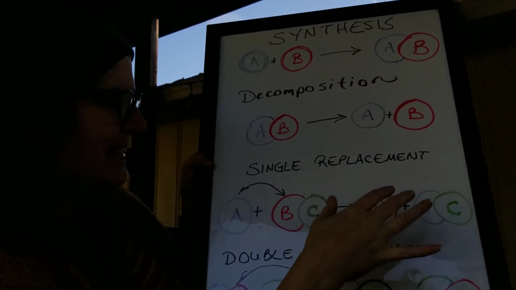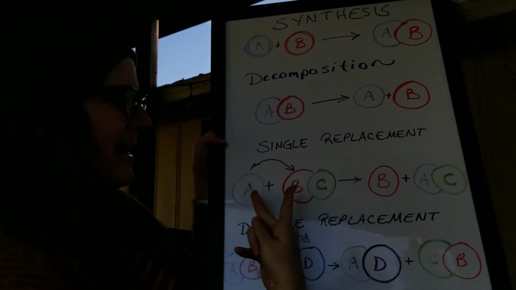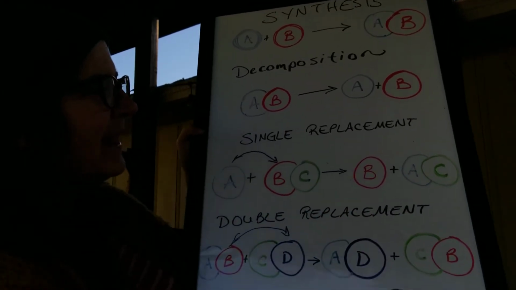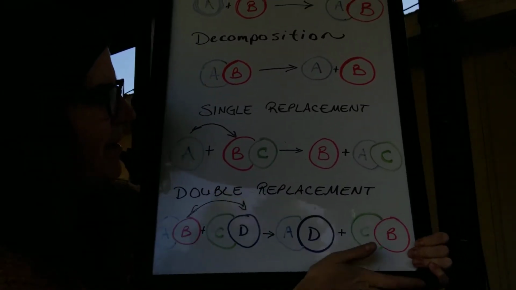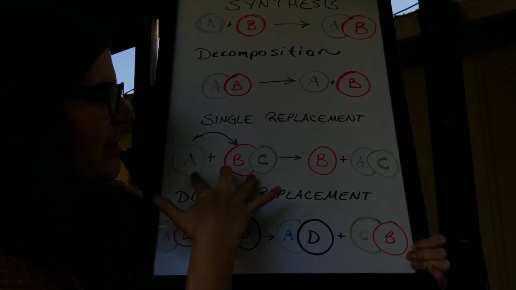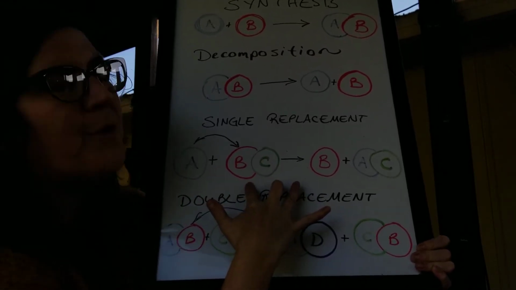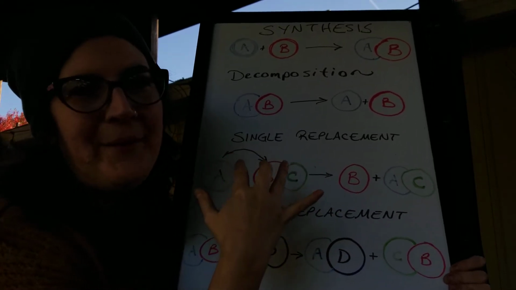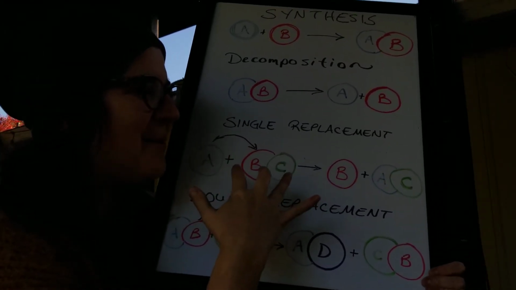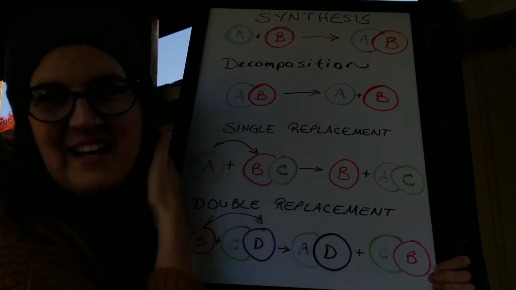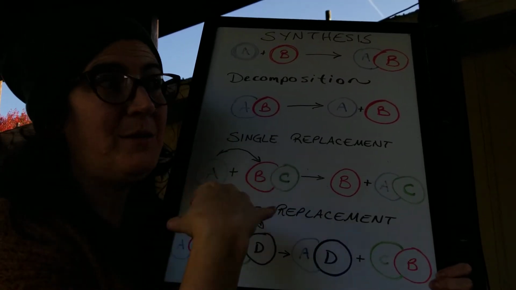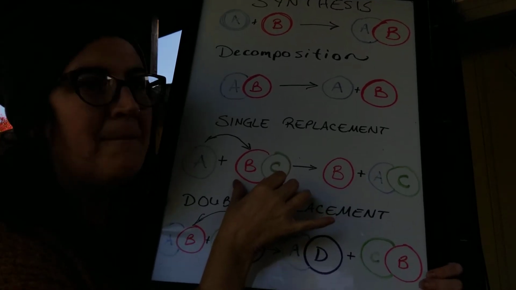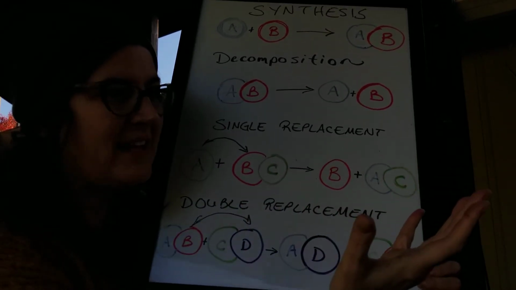Single replacement. This is just the flippity floppity of two within the formula. So what this is really referring to is on paper when you're writing down formulas of what's happening, and yes, you can actually make these things happen, like adding something to something that's already there.